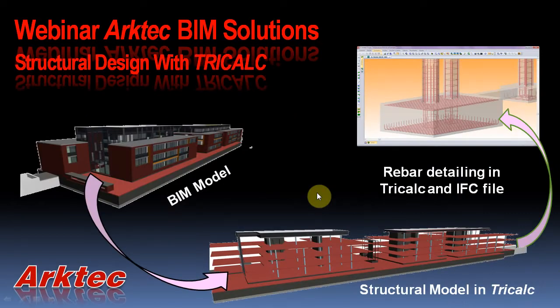Part 1 of our webinar will be focused on the relation between the BIM model, even with a low level of detail, and the structural model in TreeCalc. TreeCalc can import the structural elements from the BIM model, the ones that are classified as structural elements or undefined elements, such as IFC beams, IFC columns, IFC slab, IFC roof, and convert them in a structural model in TreeCalc with the help of some automatic functions that correct the most typical errors when passing from the architectural model to the structural model.